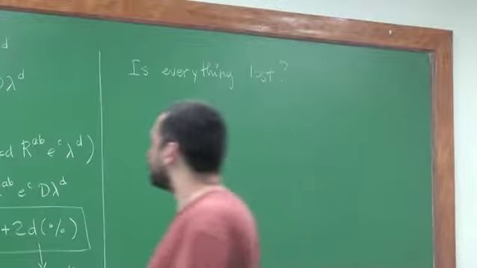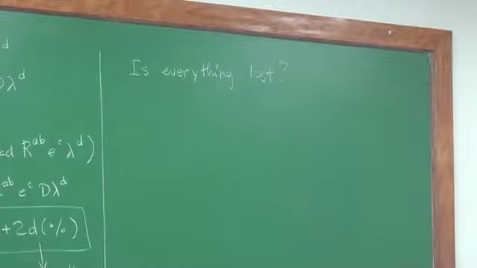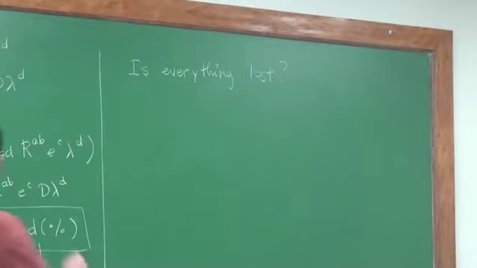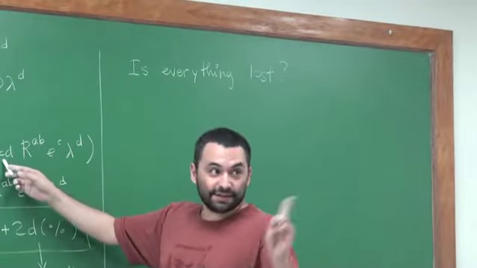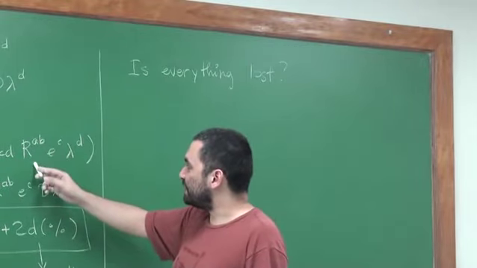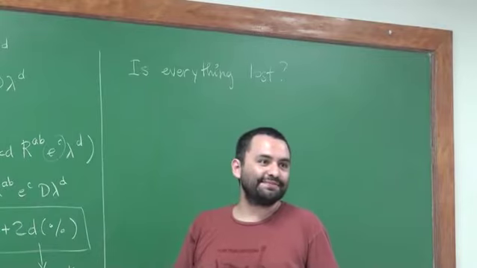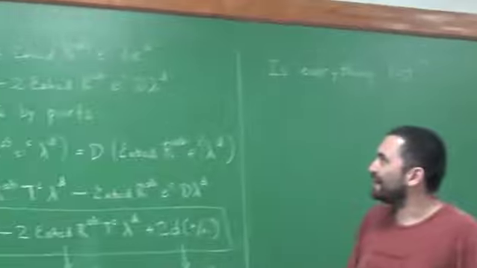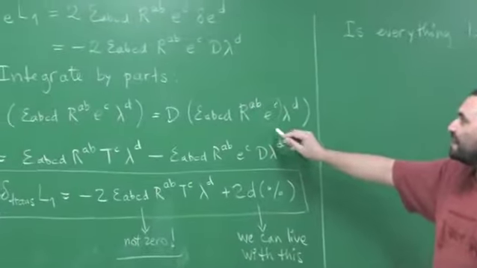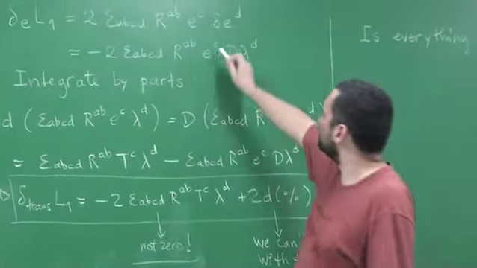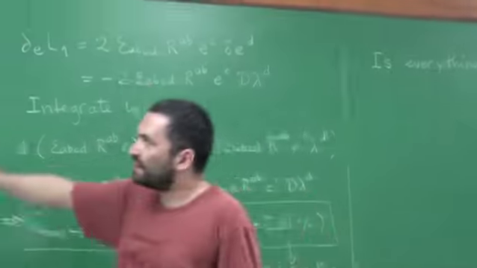Now, when we were computing this exterior derivative here to integrate by parts, we had that the derivative of this is 0, the derivative of this is 0, and this guy here is the one that ruins everything. And that guy is here because we have two field beins in the Einstein-Hilbert Lagrangian.